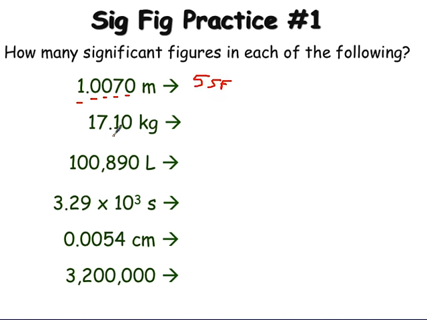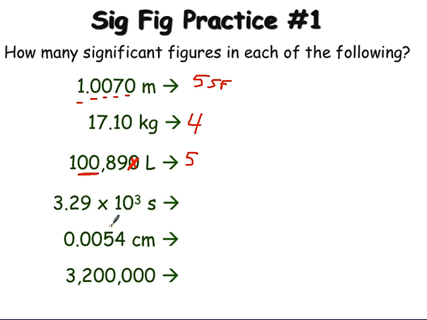Because there's a decimal in here, this 0 at the end is significant. 1, 2, 3, 4. Okay, these two are sandwiched in, meaning they're going to be significant. This value has no decimal place. That means a 0 at the end is going to get ignored. So this one's going to be 1, 2, 3, 4, 5 Sig Figs.